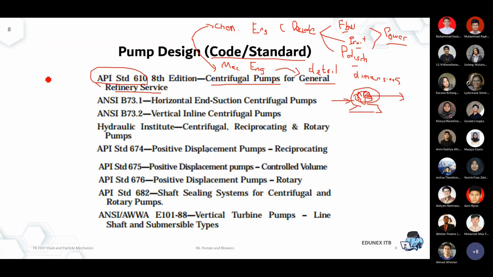Again, this is just an introduction for you to be aware of this kind of standard that is used internationally by professional engineers. But there are a lot of standards that can be used. So when we talk about API, the abbreviation is American Petroleum Institute.